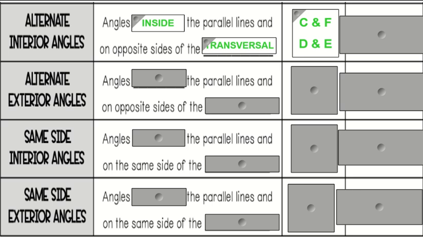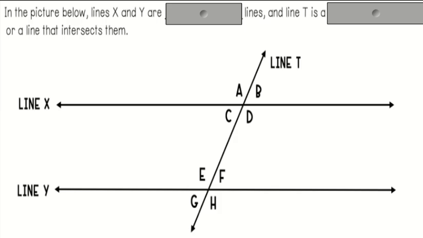So they're saying C and F and D and E. So if I go back and we look, I'll just do C and F. Y'all see C and F are on the inside, right? And they're on opposite sides of that transversal, that diagonal line.